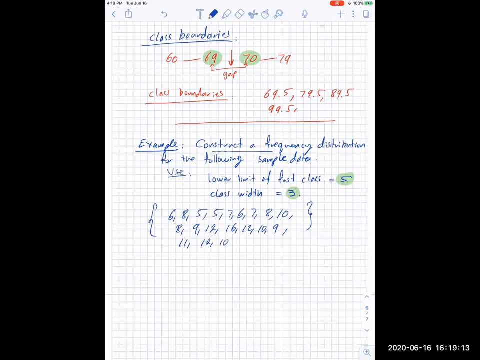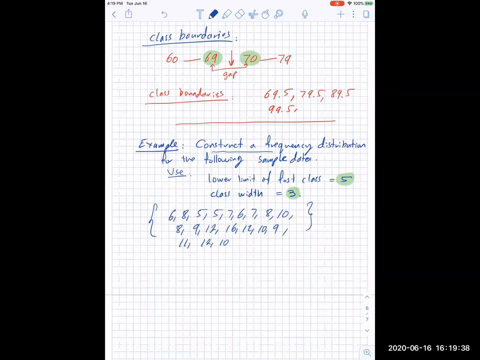Is there any way you can explain where the 5 and the 3 came from again? Absolutely, yes. Those are usually given. When you're asked to construct a frequency table, you are given some values so that we can all get exactly the same table.